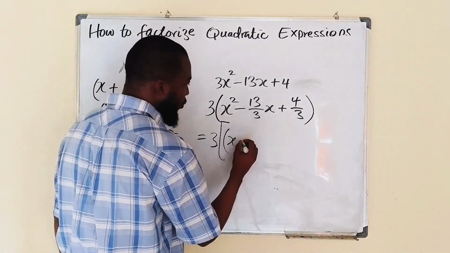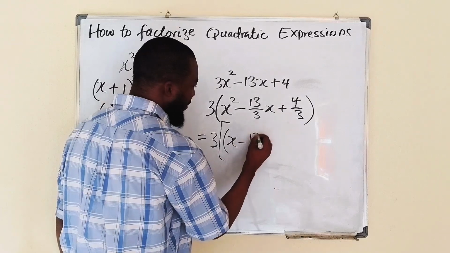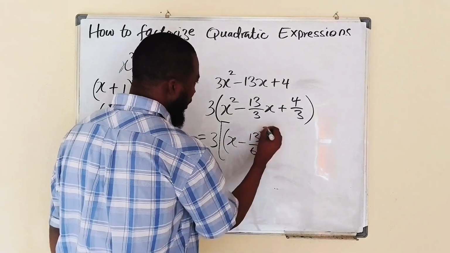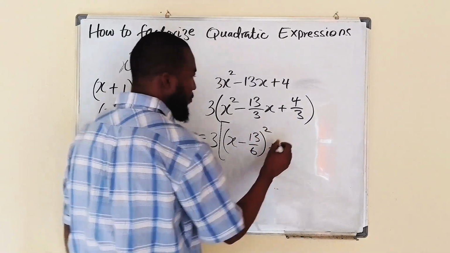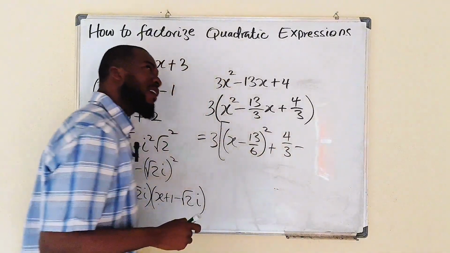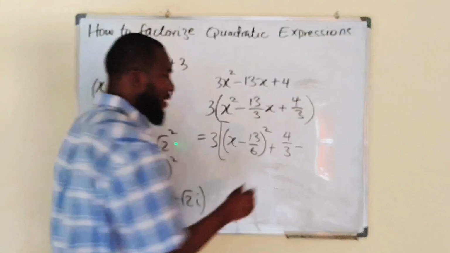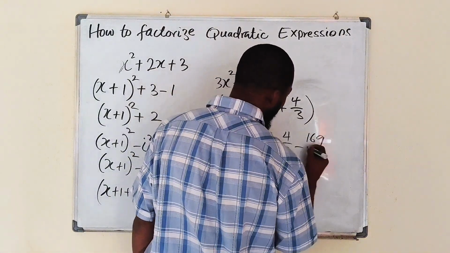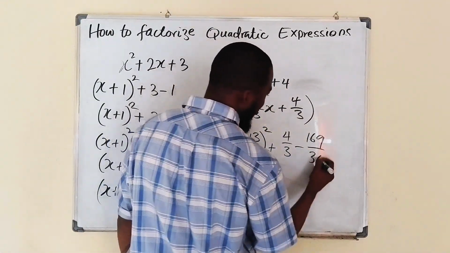x. Half of this will be minus 13 divided by 6 squared, plus 4 over 3 minus the square of this. 13 squared is 169, right? 169. This is 36.